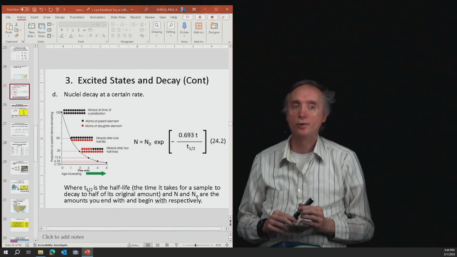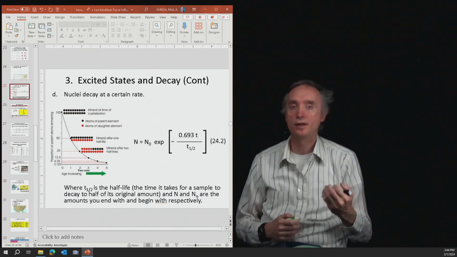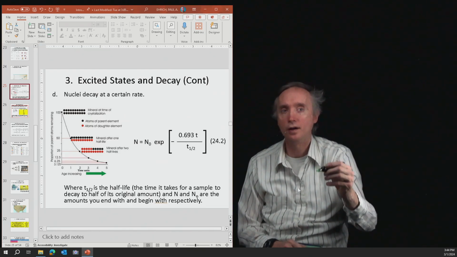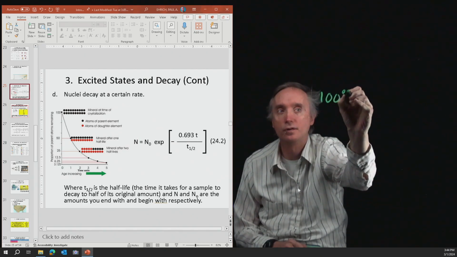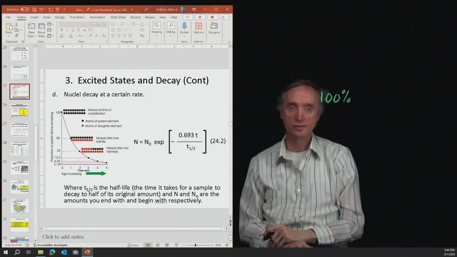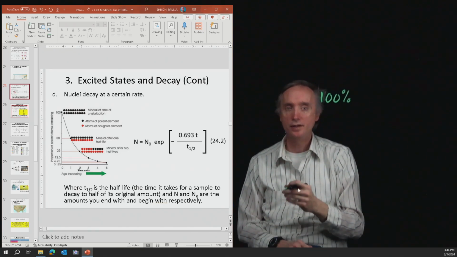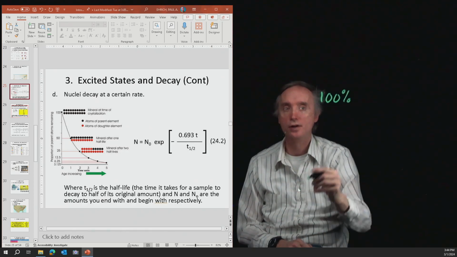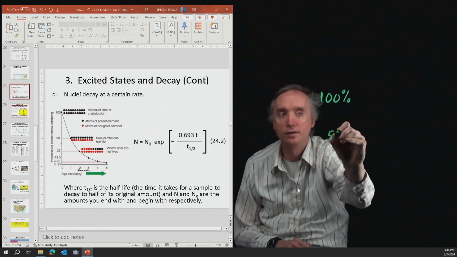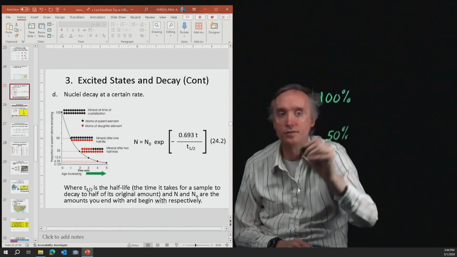So in radioactivity, let's pretend that you start with 100% of a particular radioactive substance. Okay, in a certain amount of time, it will decay to 50% of what it was.